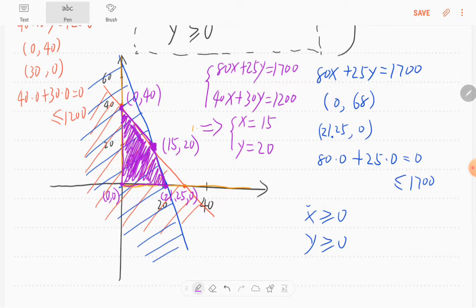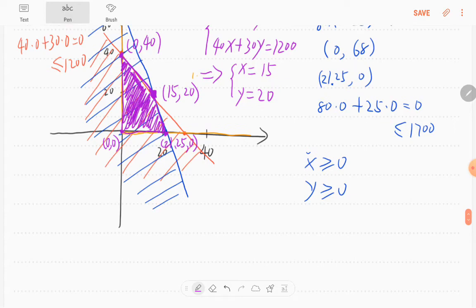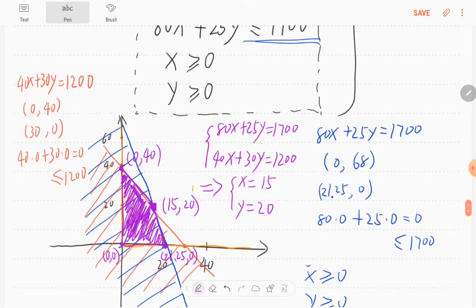Okay, so now the next thing is we want to know which one gives you the maximum profit. This is a closed region, so the maximum profit always exists, right? Is it here, or here, or here?